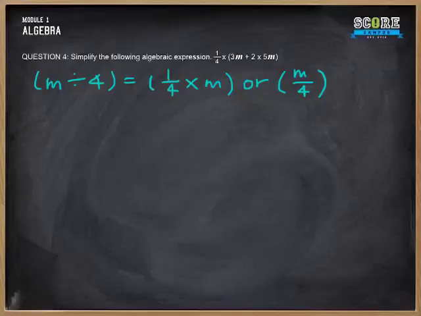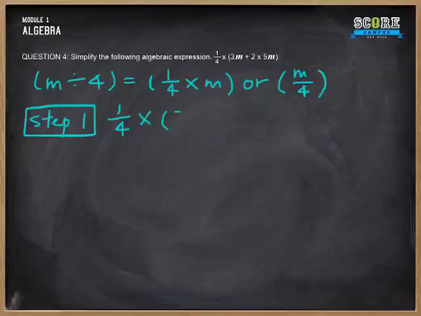Okay, now looking at step 1. 1/4 times the units within the brackets, 3m plus 2 times 5m, equals 1/4 times, let's do what is within the brackets, 3m plus 2 times 5m first.